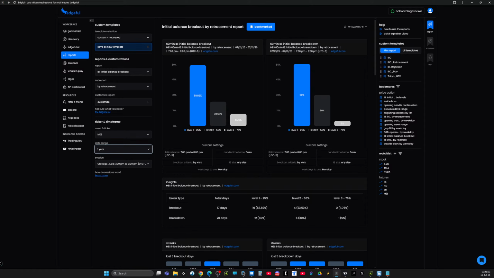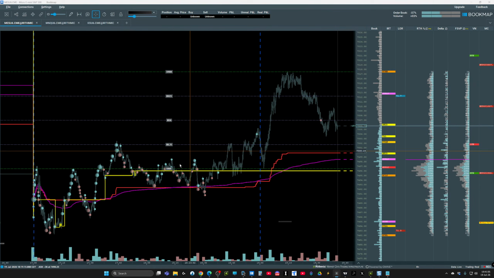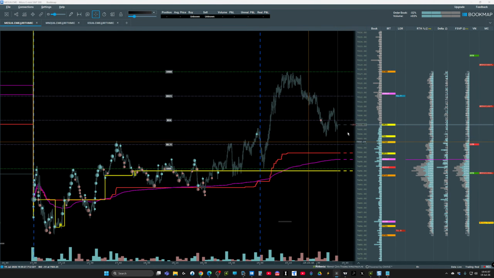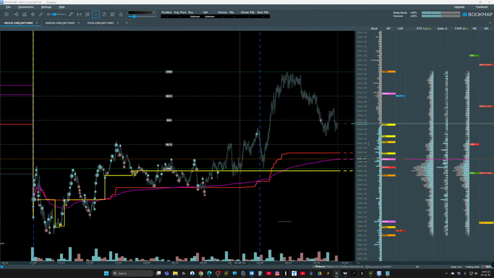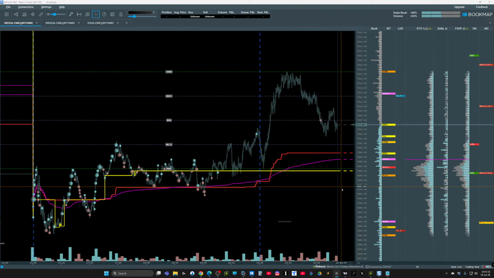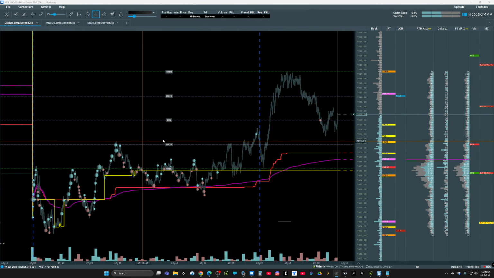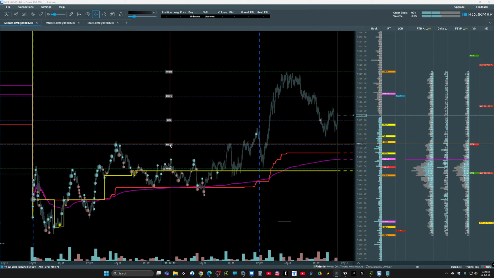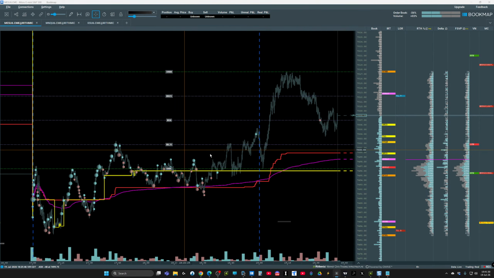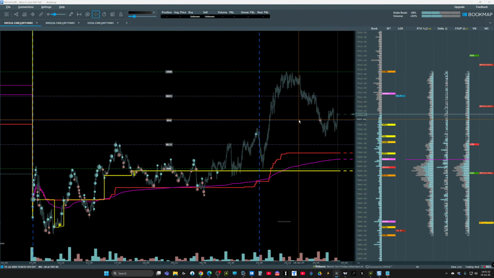Which means on Bookmap over here, because I have all these levels working, we take the IB low or the ORB low, which is this green guy right here. Boom. Take that out. There's a 60% probability that we will retrace to this first 25% level. There is another 30% that will retrace to the 50% level.